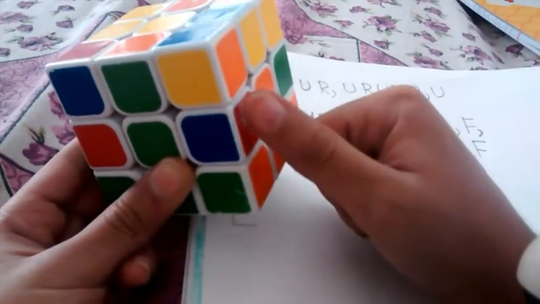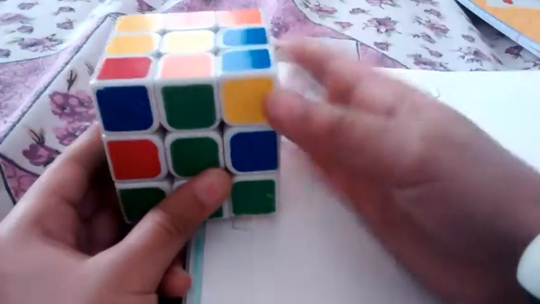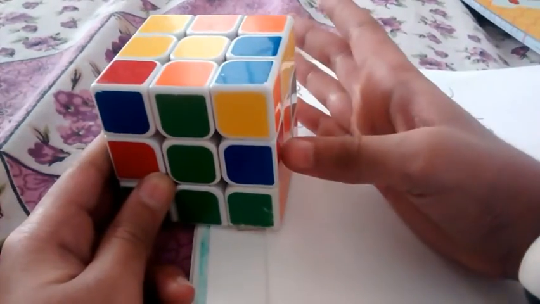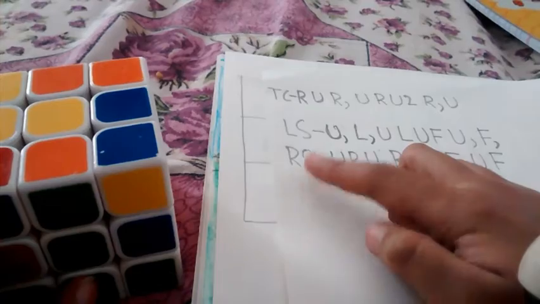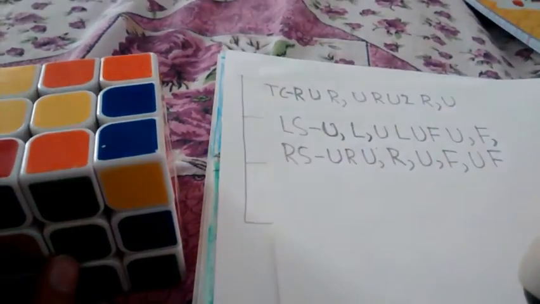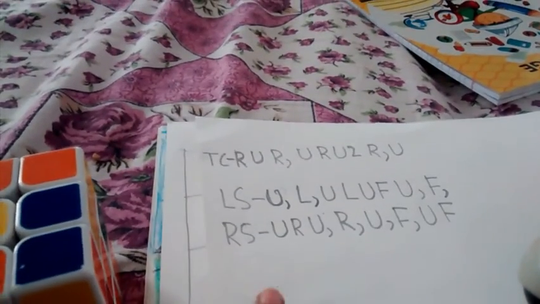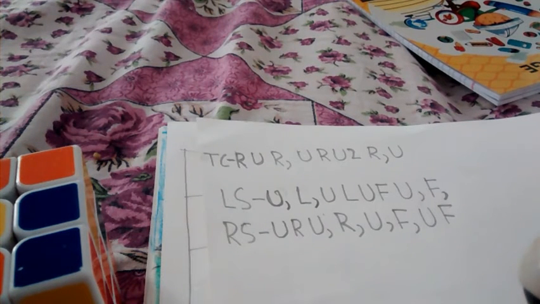It's green and orange is here, and it is going towards the right side. This thing is the right side. So that's why we need to use the right side formula. You can copy down the formula of the right side. I'm giving you some minutes for writing.